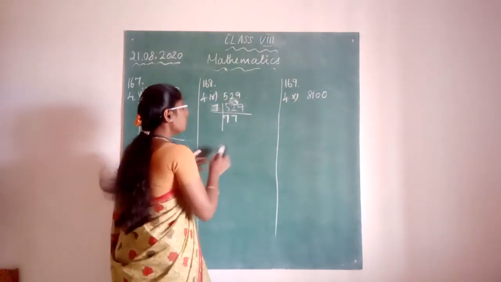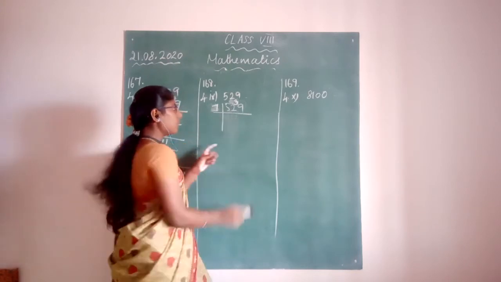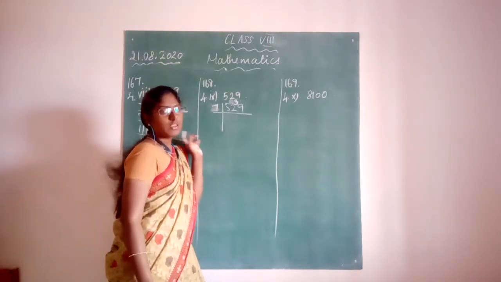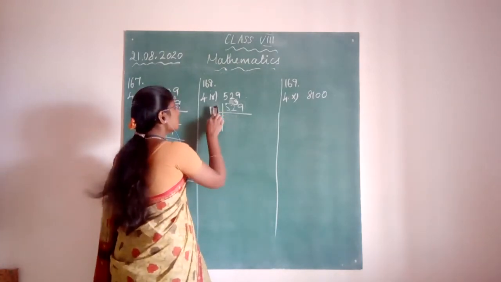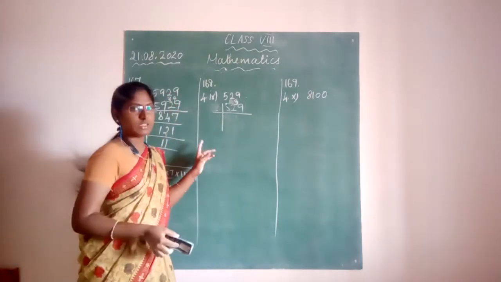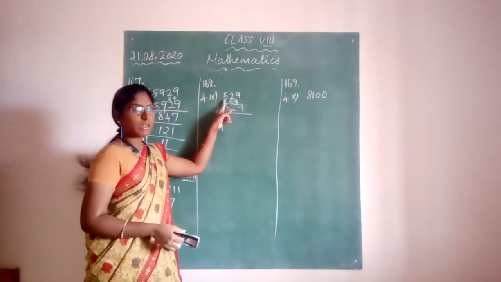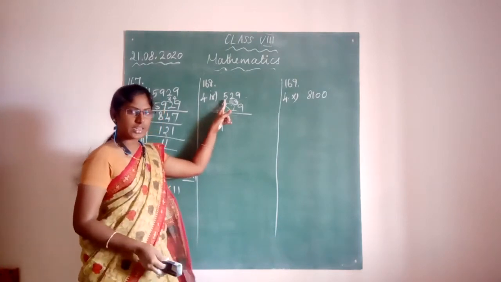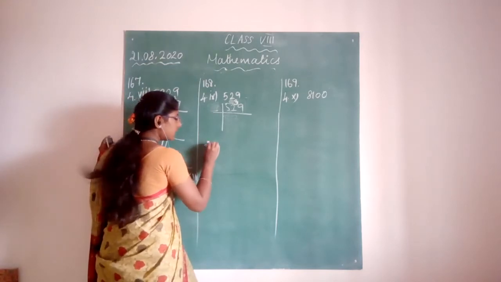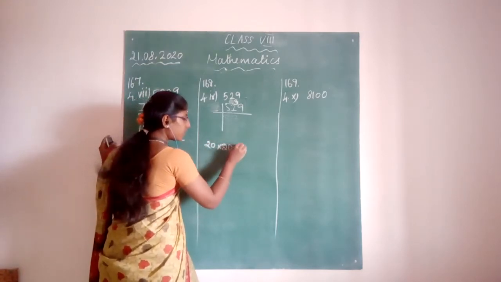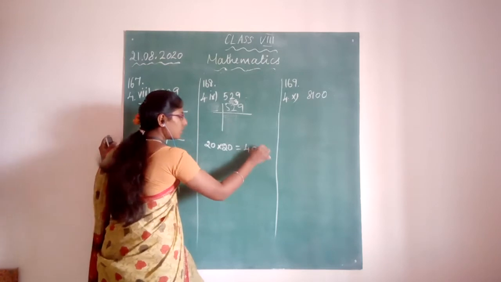Okay. So if you check it with the 11 table, then 529 won't come. If you check it with the 13 table, then also it won't come. So you just have to think over it. This is a number more than 400, right? Yes. We know that 20 into 20 is 400.